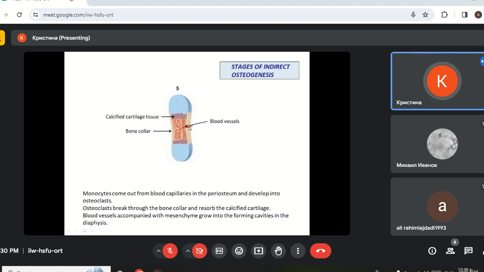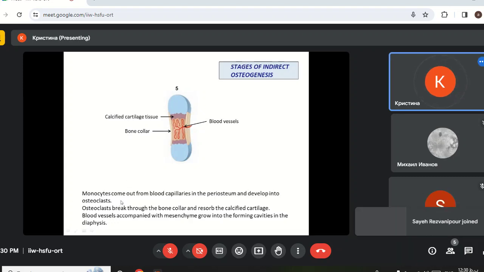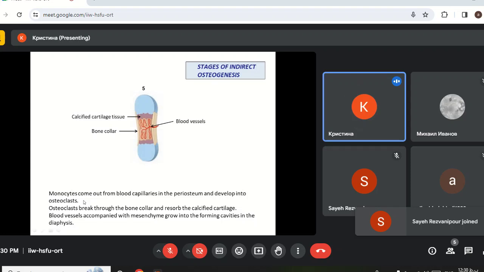Osteoclasts make holes in the bone collar because they can break down the hard component of the hard tissues, such as bone tissue and calcified cartilage also. So osteoclasts make holes both in the bone collar and in the calcified cartilage inside. And through these holes, the blood vessels can grow inside the bone.